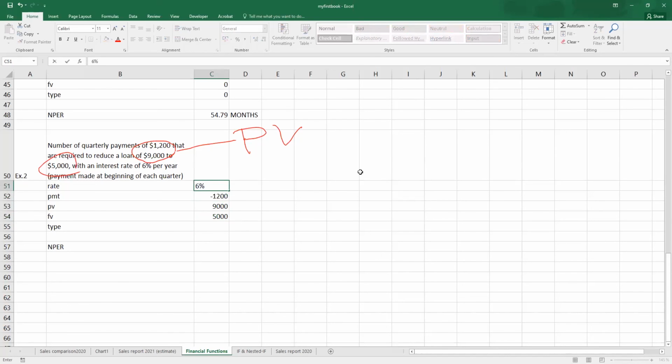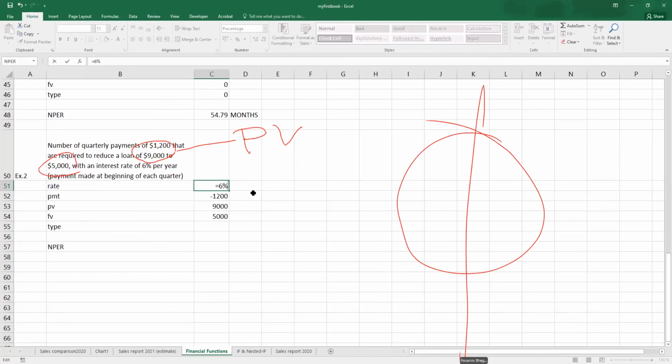The interest rate is 6% per year, but payment is made at the beginning of each quarter and we want to find the number of quarters, so you have to change the rate to the interest rate per quarter first. As I told you last class, a year has 4 quarters, so you divide by 4.